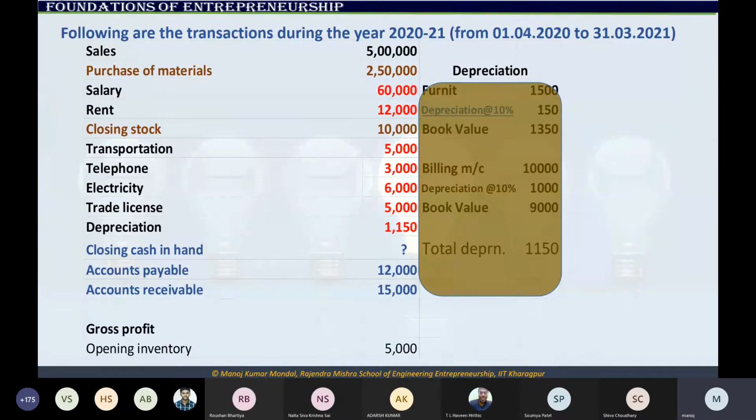Those 100% items are allowed because any government, particularly the government of India, wants you to invest more money in computers, more money in pollution control equipment so that you do some social job as well.